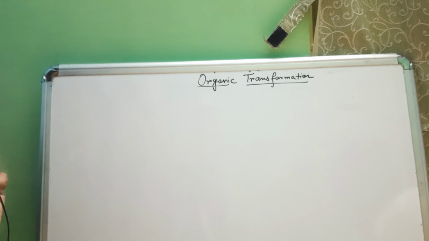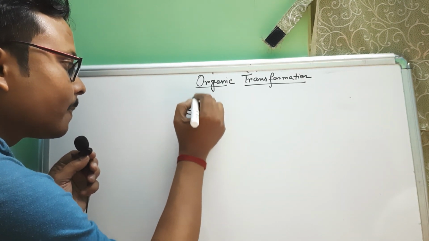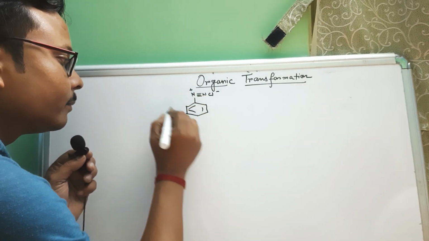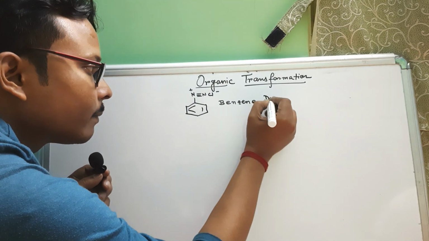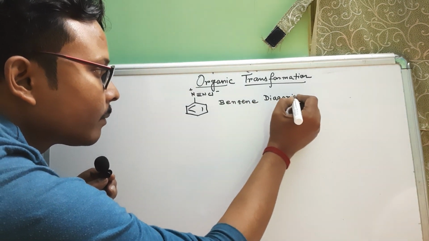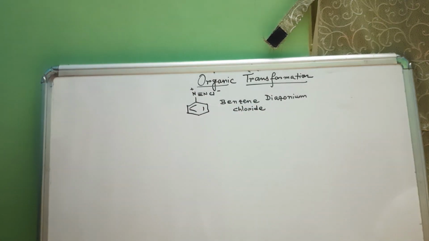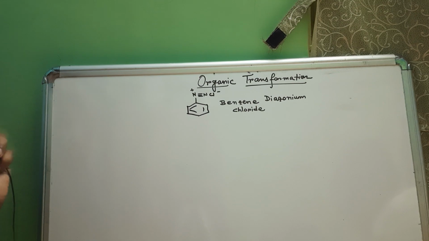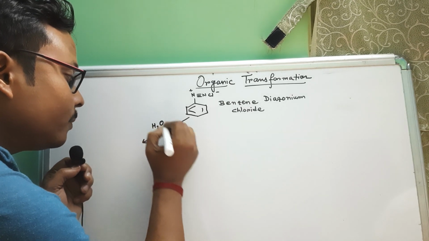Once you have this compound, benzene diazonium chloride, you can get various organic substances.